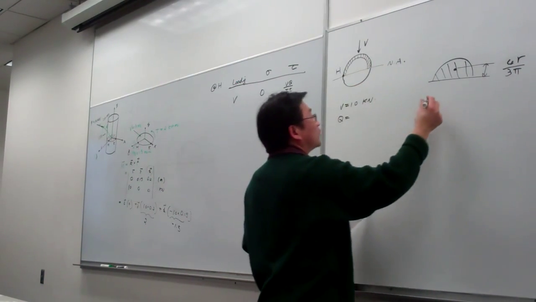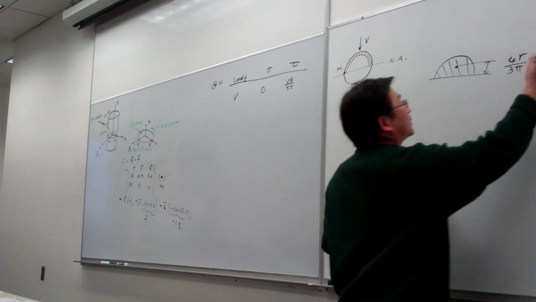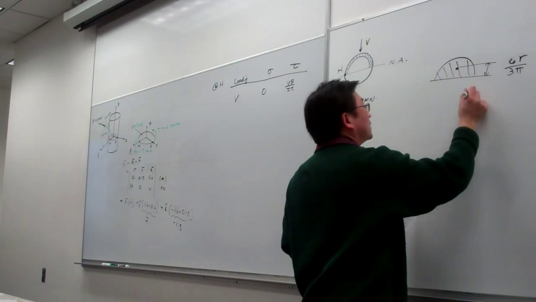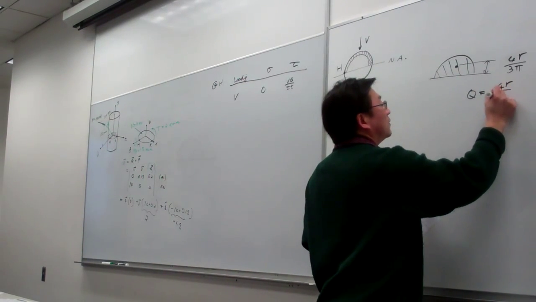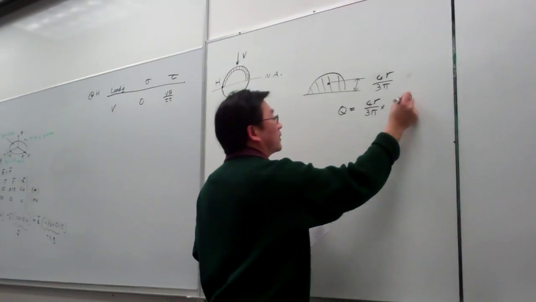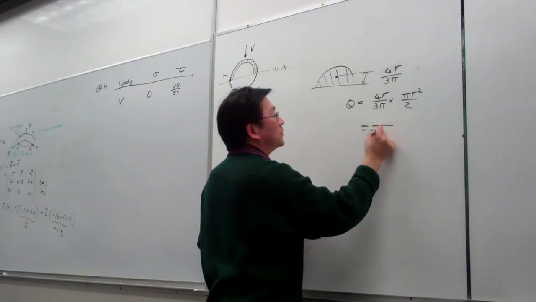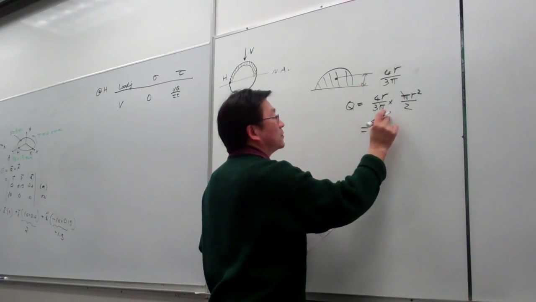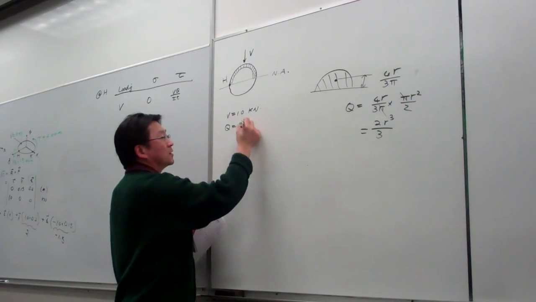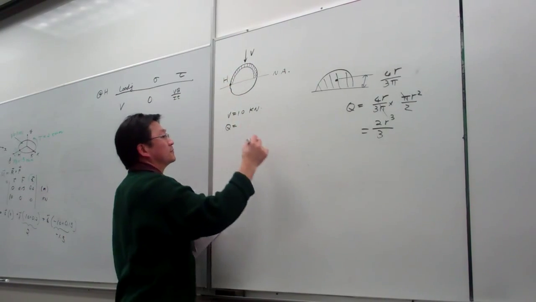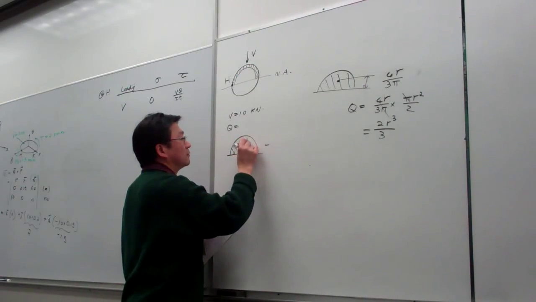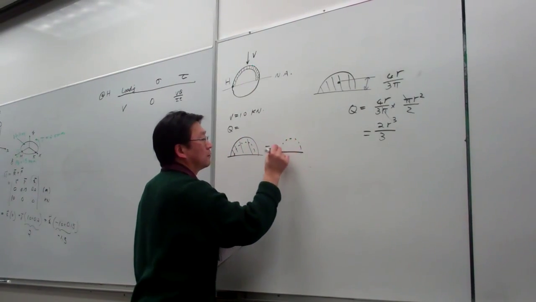So for this case, that would be equivalent to this one. Therefore, Q is equal to 4r over 3 pi times half of pi r squared, the area. So this one will be equal to 2r cubed over 3. So that is a formula. So right now, for this case, we're calculating using this one minus this one.